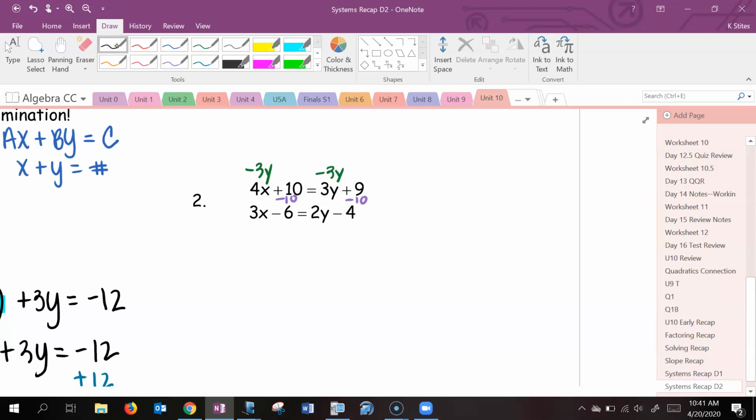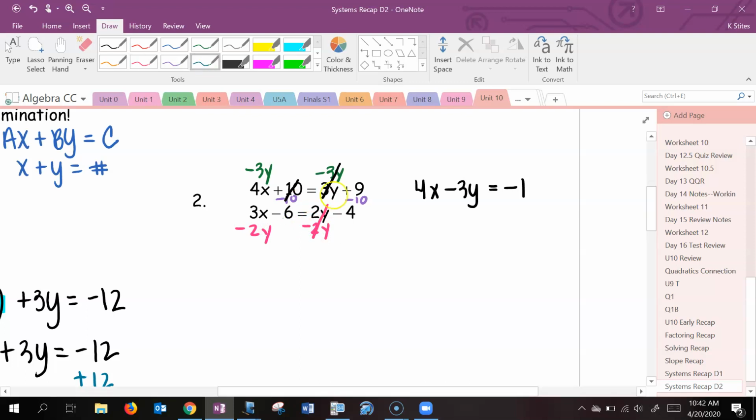Okay, and then I'll just rewrite this. I had 4x. I subtracted the 3y, so that's why it's a negative, equals, I also moved my 10 over, so it's 9 minus 10 is -1. Okay, so there's your first one. Now we do the next one. Keep your 3x where it is, subtract your 2y over.